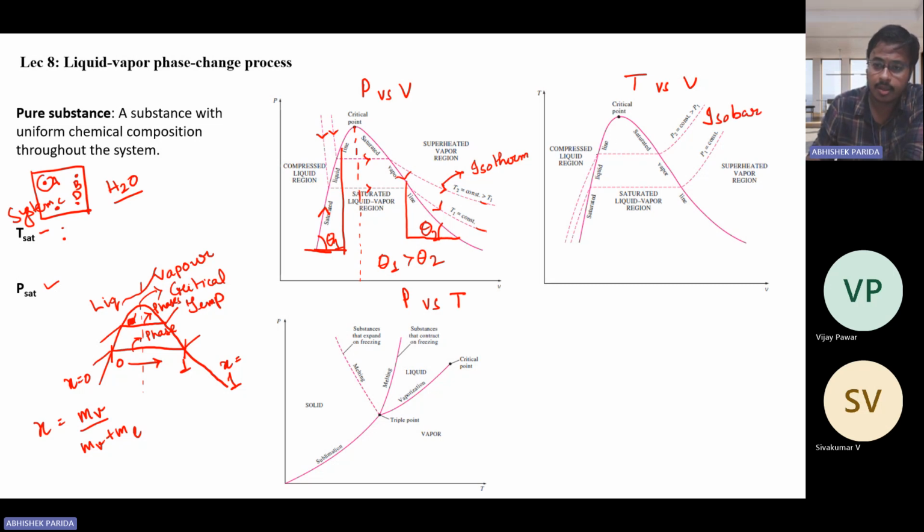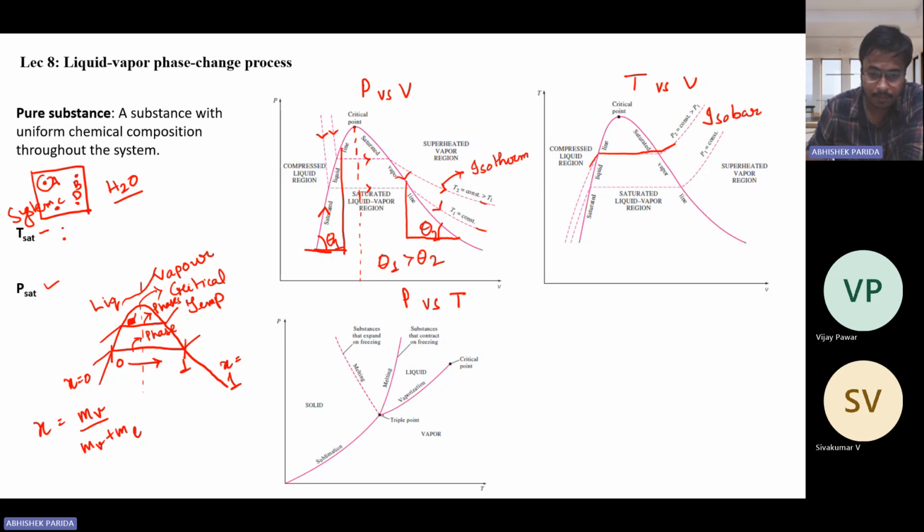These are the constant pressure lines, and they are a little bit opposite to the isotherm graphs. And this is the P versus T diagram. This will also be helpful while solving problems related to the triple point.